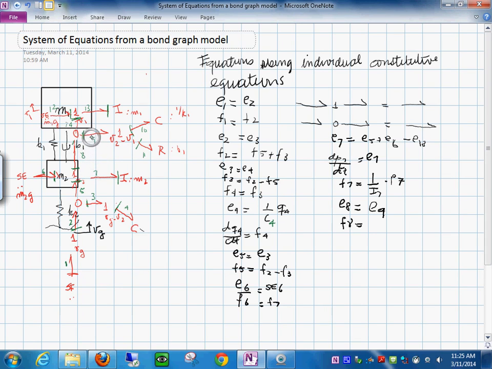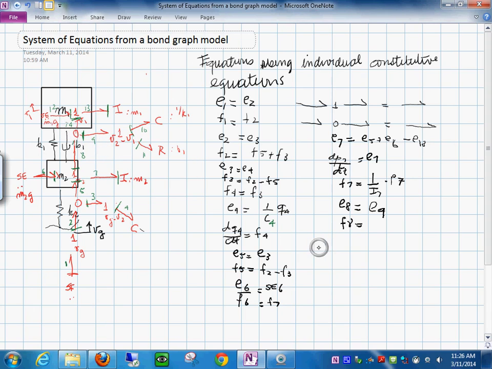Where is 14? So we have this minus this equals this, the flow sum. So F sub 8 is going to be, F9, no, F14 minus F9. Yeah.